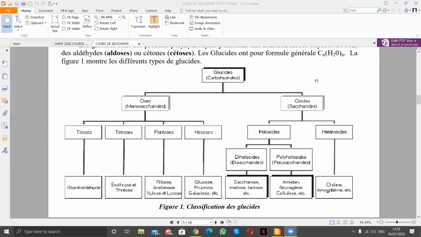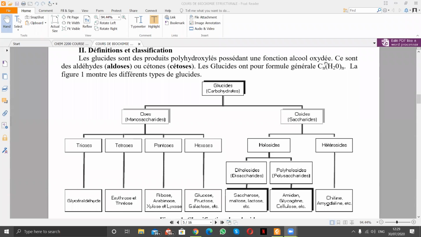On the basis of the number of carbon atoms, the monosaccharides are named according to the number of carbon atoms, in other words.